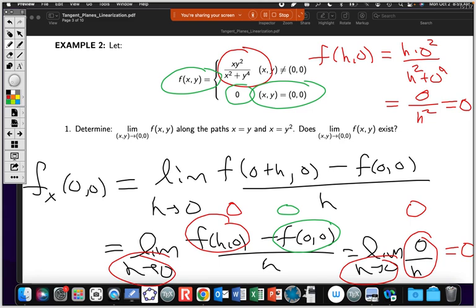Any questions on how we're getting that to be 0? Likewise, you can go in and do the same thing for fy. The exact same thing is going to happen. Okay?